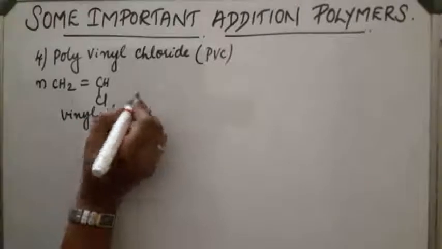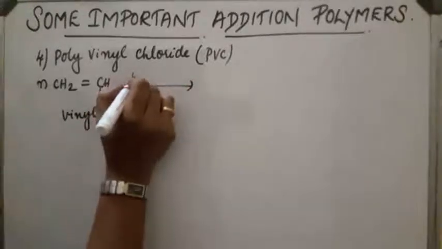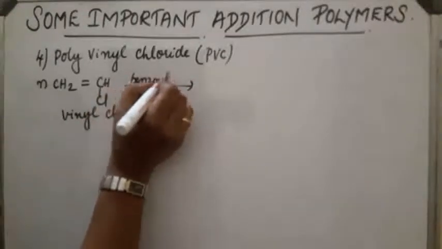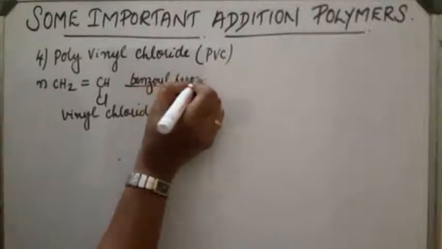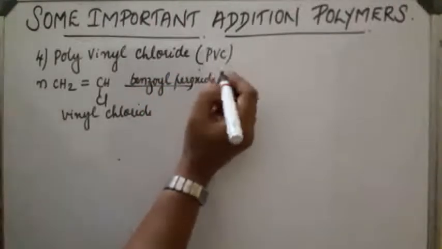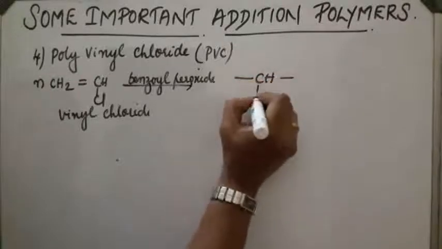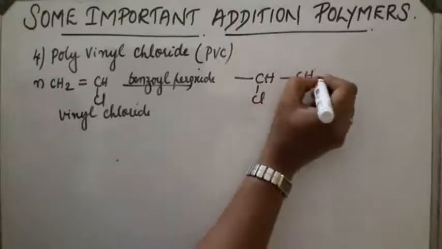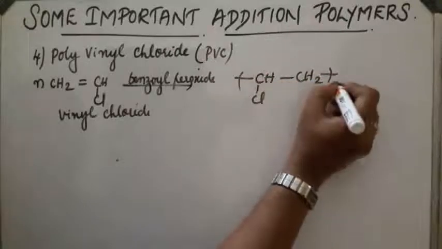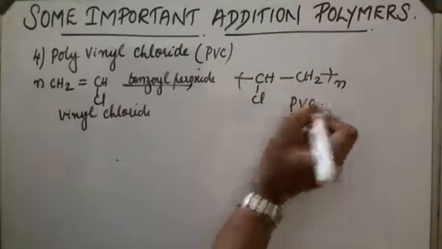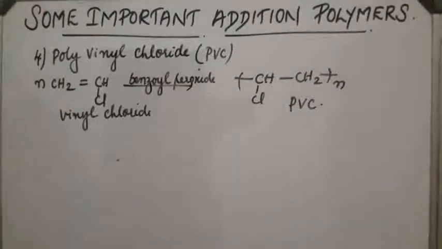In the presence of benzoyl peroxide, it polymerizes to CHCl, CH2, n times. This is called PVC. PVC can be obtained like this.